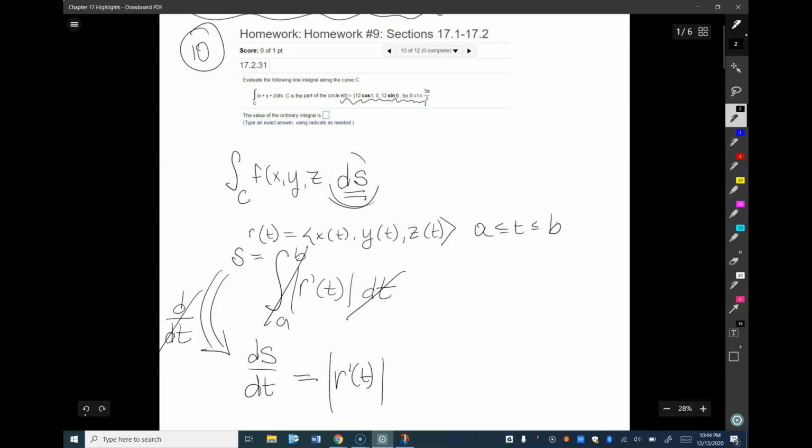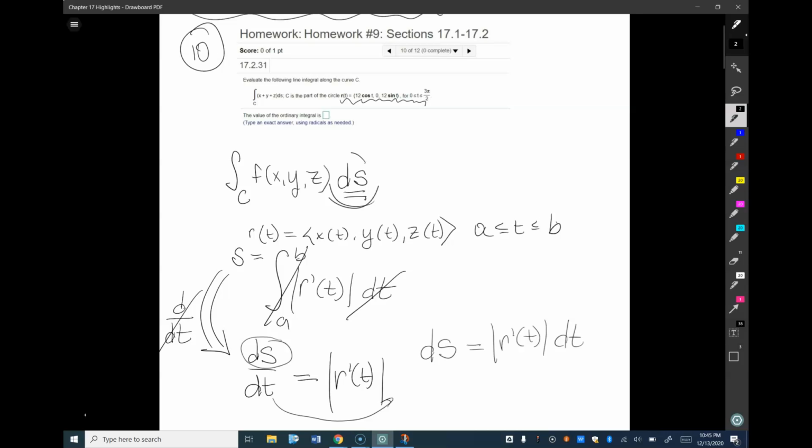We're trying to figure out what to replace ds with. So I'm going to solve here for ds by multiplying that dt over. So we're going to replace ds with magnitude of r prime of t dt.